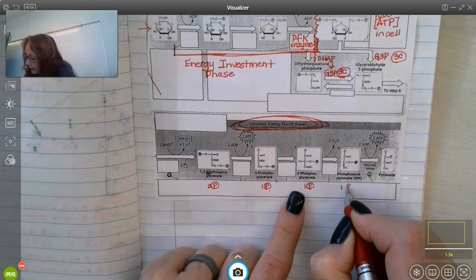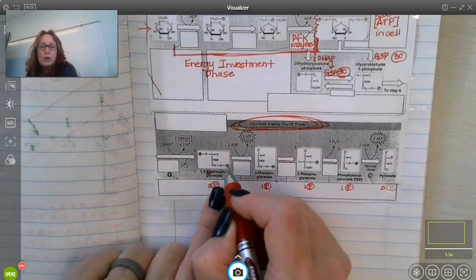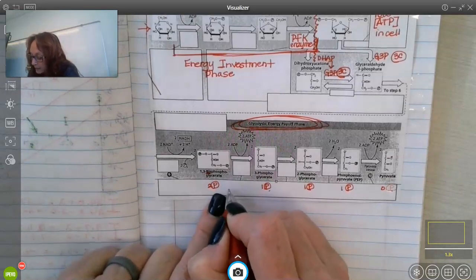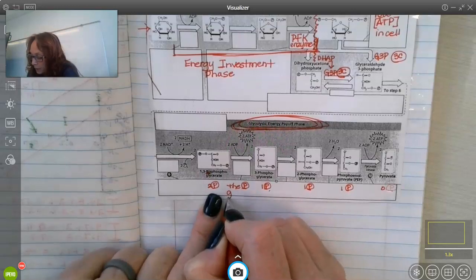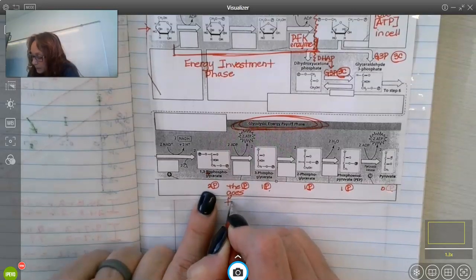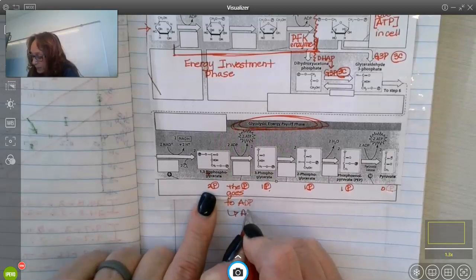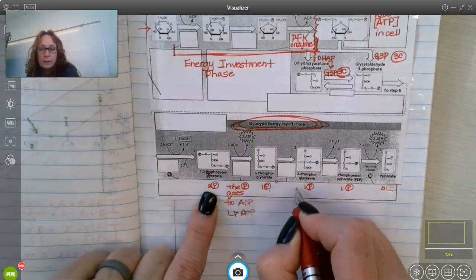I still have 1 phosphate group, and here I have no phosphate groups. Every time I lose a phosphate group, so right here, the phosphate goes to ADP to form ATP. That's where this one that we lost went.